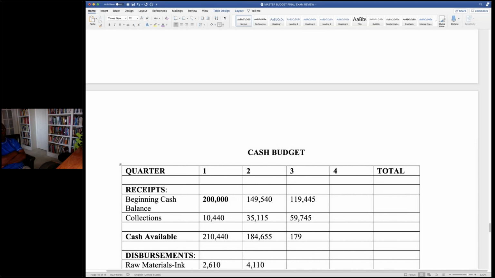Kiara, you forgot to change the 4 to a 7 for the beginning cash balance.